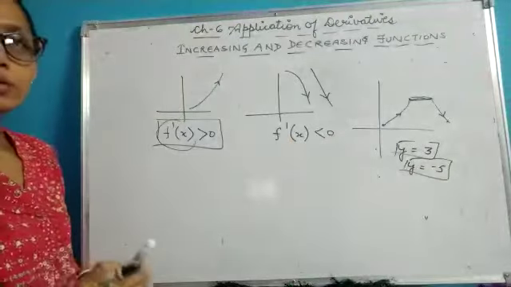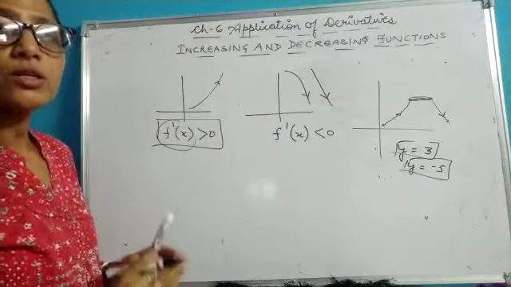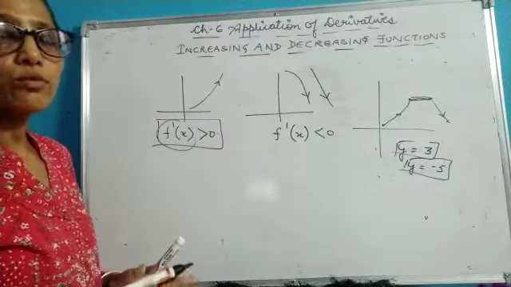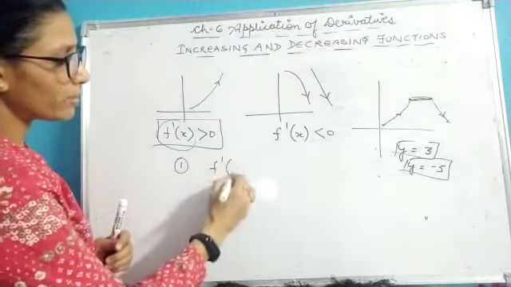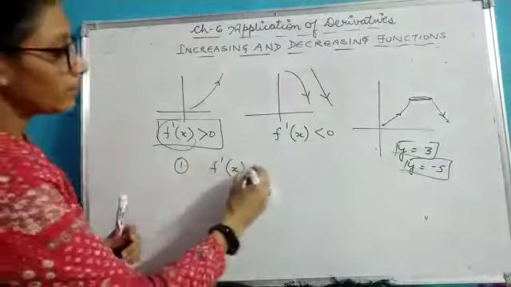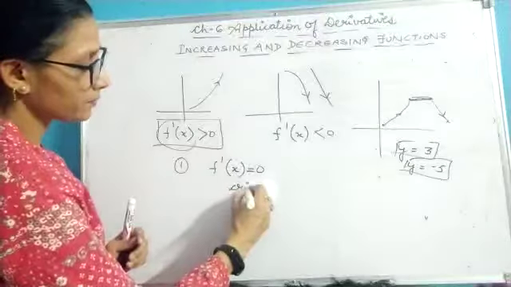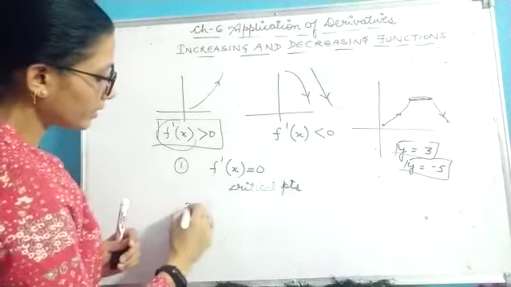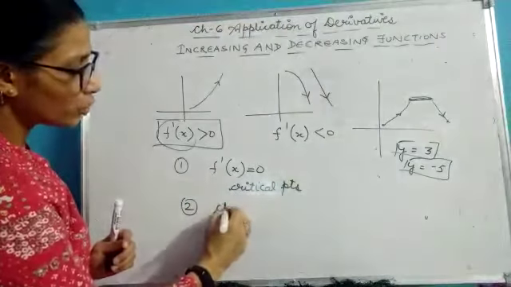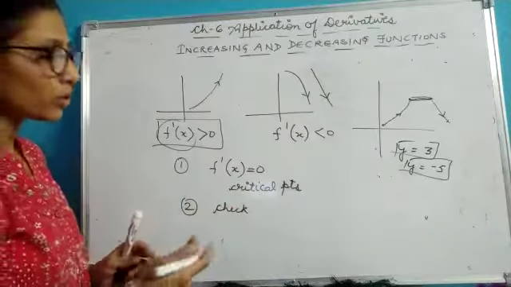Now children, whenever you want to find whether the given function is increasing or decreasing, you have to follow 3 steps. First of all, you need to calculate f dash x, equate it to 0 and find all the critical points. Then in the second step, you need to check for these critical points whether it is increasing or decreasing.